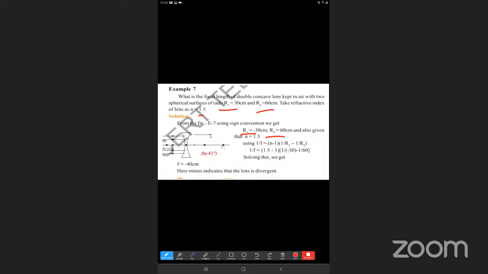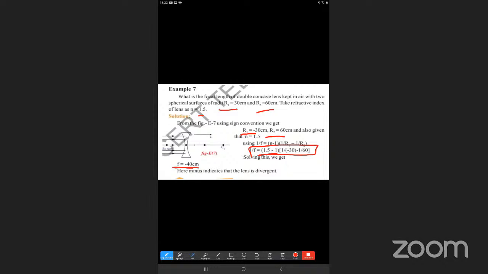So 1 by F equals (1.5 minus 1) into (1 by minus 30 minus 1 by 60). Solve this equation here. So we'll get F equals minus 40. Say exactly, we'll get 40, right?